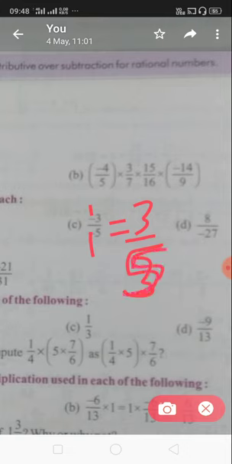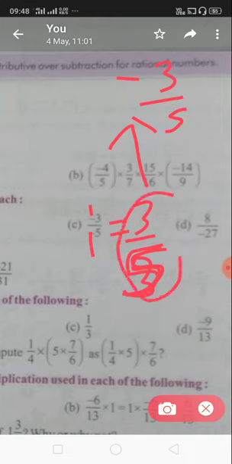Now you are going to write its additive inverse, so what is it? Minus 3 upon 5. Why minus 3 upon 5? Because this value is positive, so the inverse you will get is negative. Which inverse are you writing? Additive inverse. In additive inverse you just change the sign, negative to positive, positive to negative.